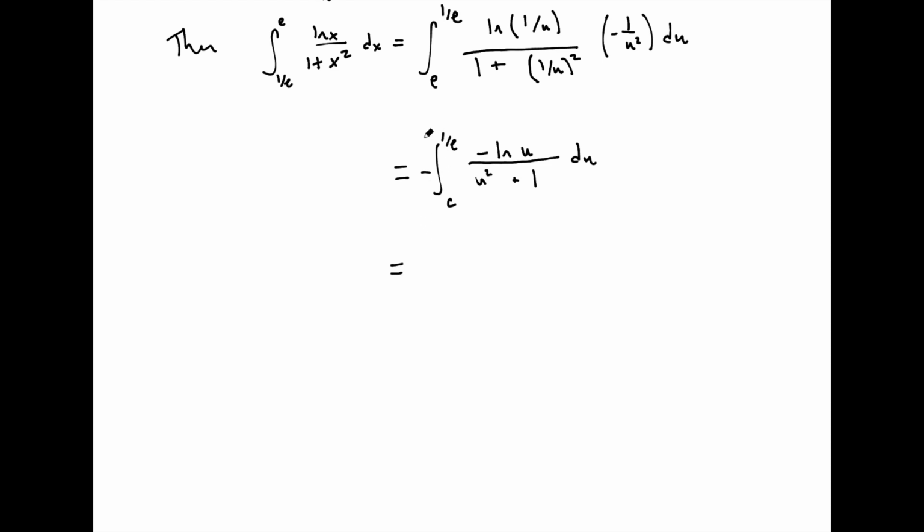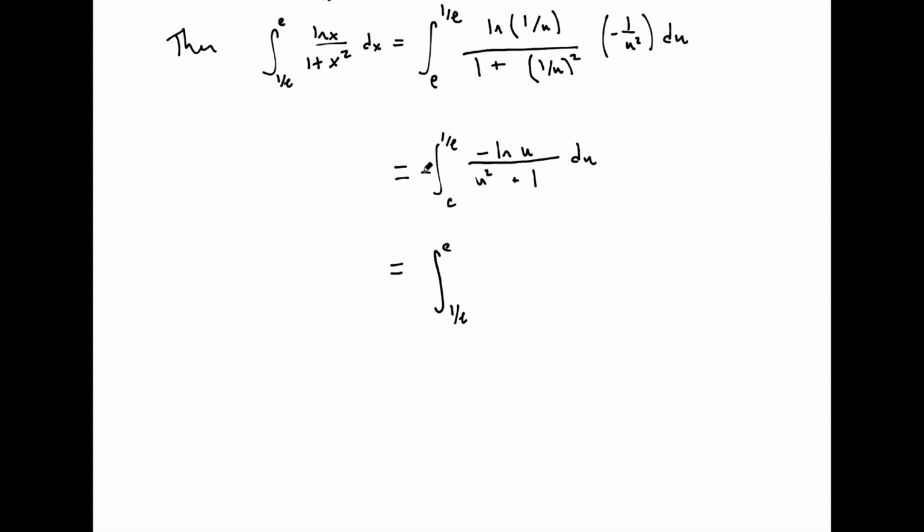Okay, so this is going to be a little weird, but here's what I'm actually going to do. I'm going to use this negative sign here to reverse the order of the bounds. So integrating from e to 1 over e with a negative sign out front, this is exactly the same as integrating from 1 over e to e.